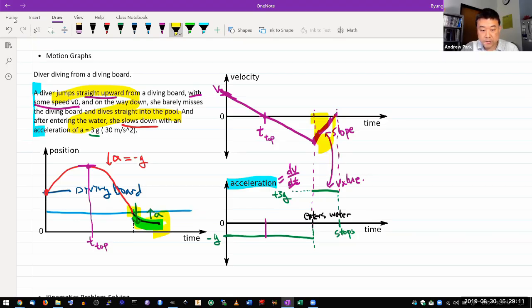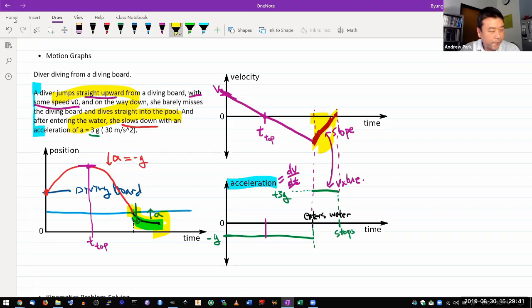I started out with some steep negative slope, and it flattens out to a zero flat slope, and that matches with the velocity going to zero. So that's an illustration of drawing a motion graph.